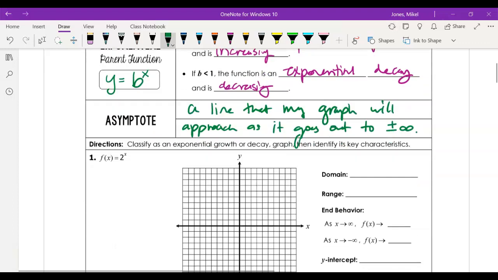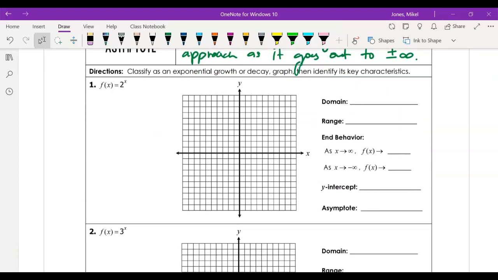Okay. All right, so f of x is equal to 2 to the x. 2 is a number bigger than 1, so this would be exponential growth. The first thing I want to do is get a nice little set of points.